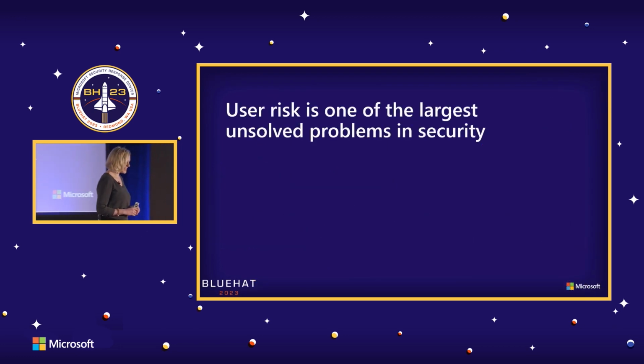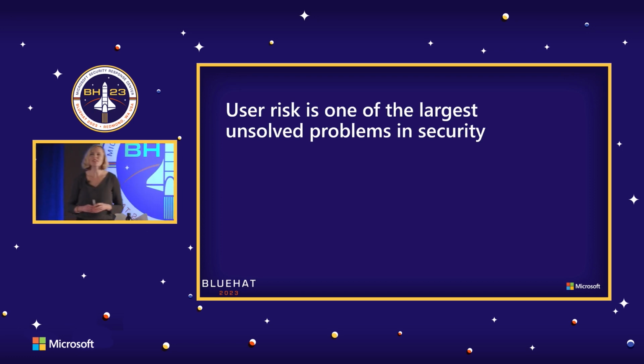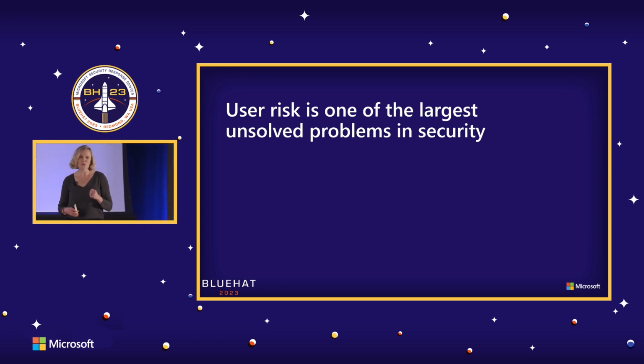So in my time working on this problem set, I have come to realize that user risk is one of the largest unsolved problems in security. As you all know, security is a cat and mouse game, and we've made immense improvement around so many aspects of security. The way this industry looked 20 years ago, 10 years ago, even 5 years ago, it barely resembles what we're dealing with today.